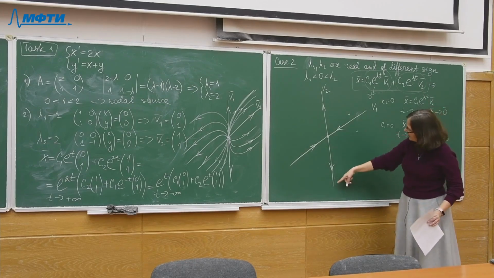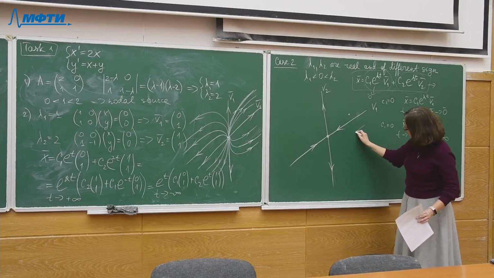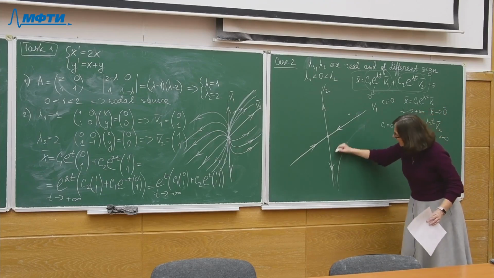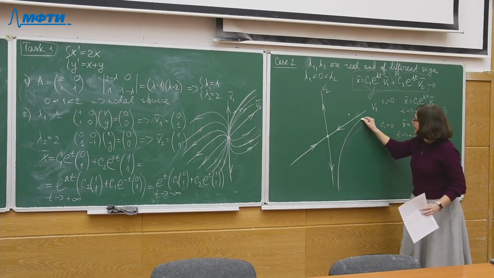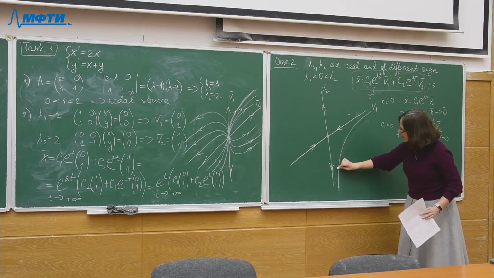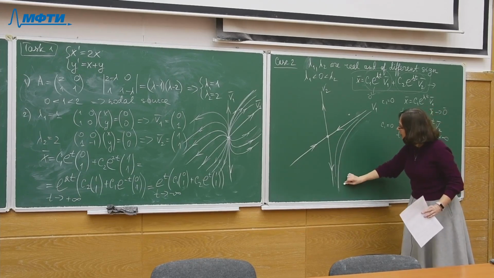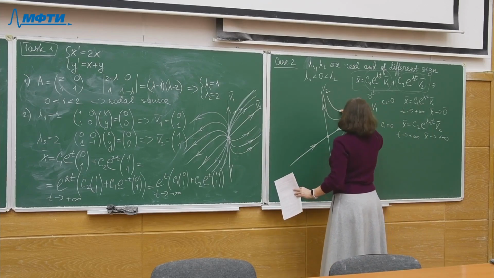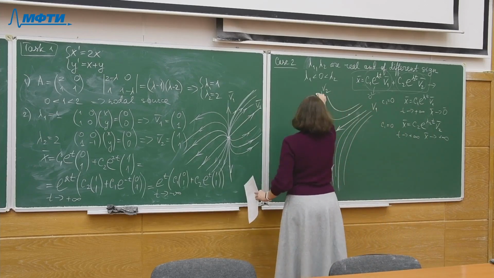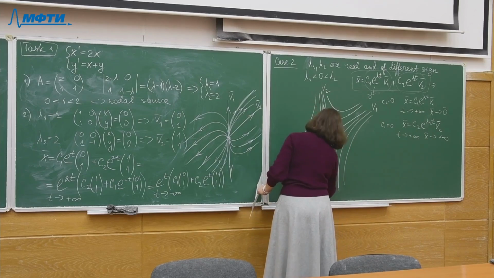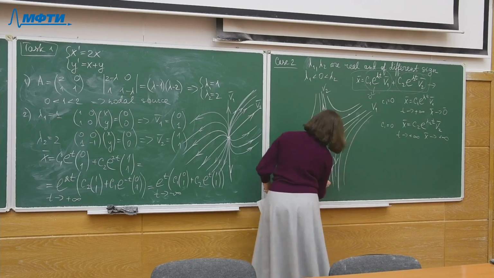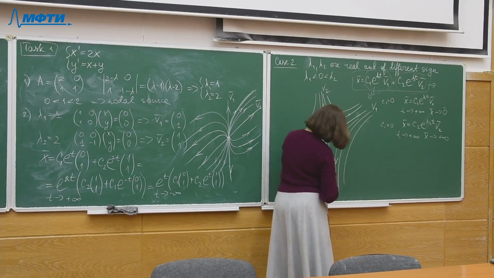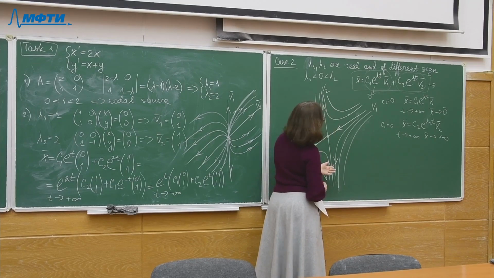So this is the line through V2. This means that it will be something like this. So the asymptotic behavior will be like this, with direction, of course. The direction will be away from the origin, right?